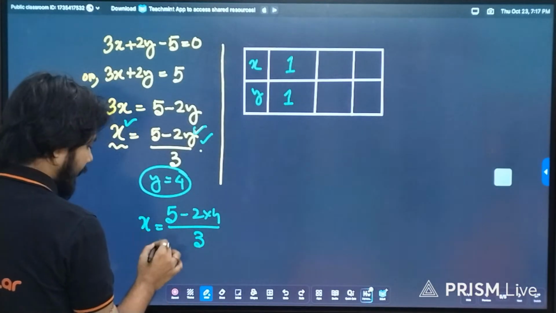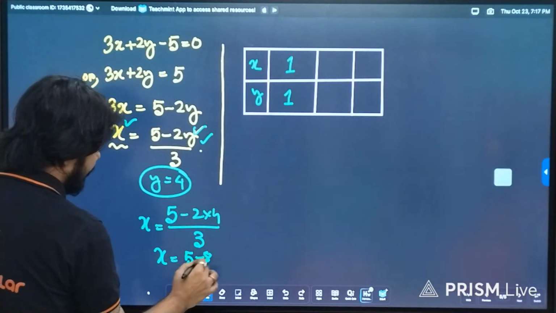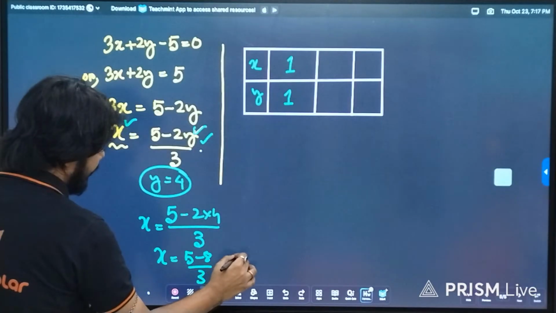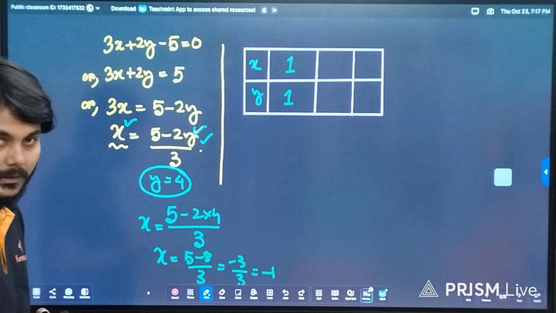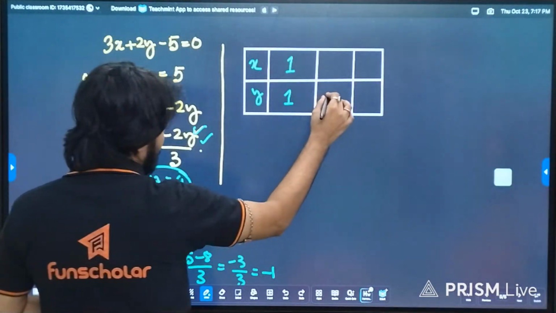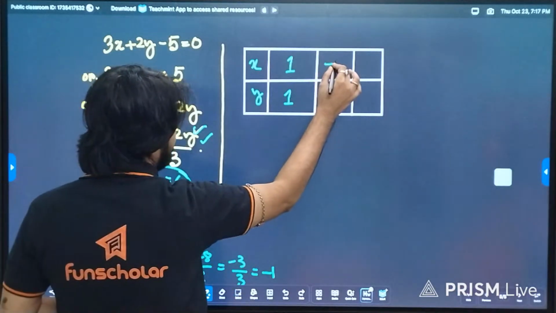So x will be 5 minus 8 by 3, which is 15 by 3 minus 8 by 3... that will be minus 1. If we take y as 4, we will get x equal to minus 1.